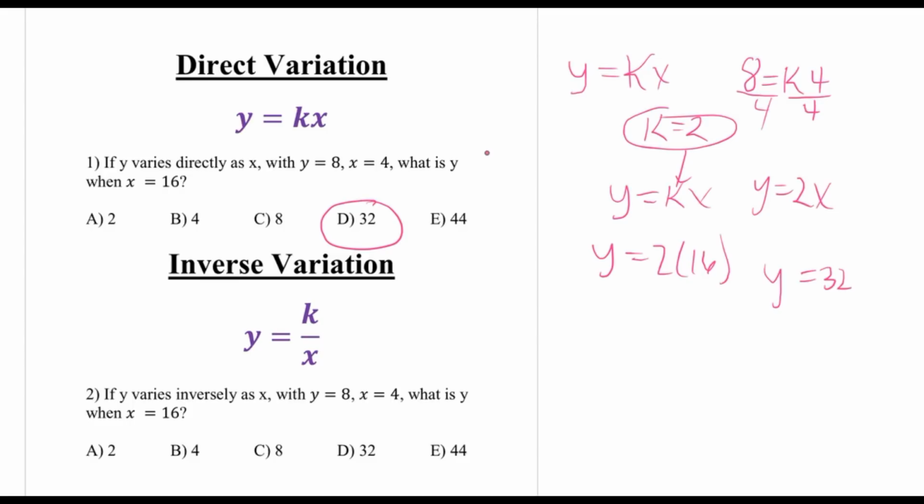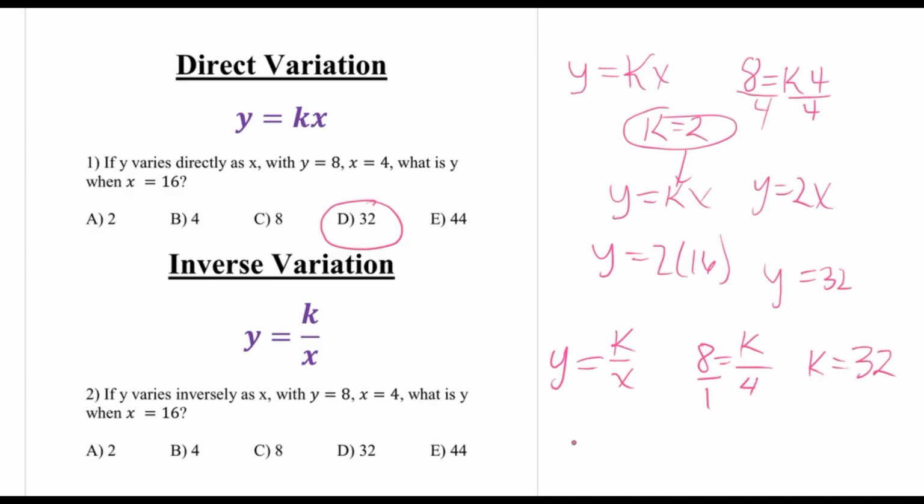Number 2, if y varies inversely as x with y equals 8, x equals 4, what is y when x equals 16? Well, same numbers, but this is inverse variation. Let's set up our inverse variation equation. y equals k over x. So y is 8, k is k, and x is 4. Solving for k, we can cross multiply by putting the 8 over a 1. So k equals 32.